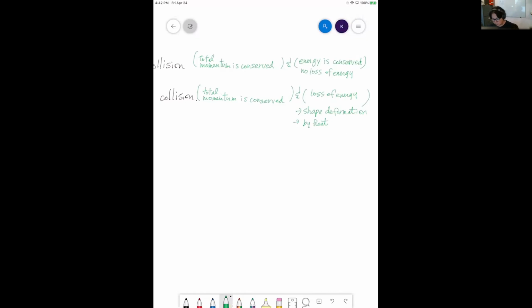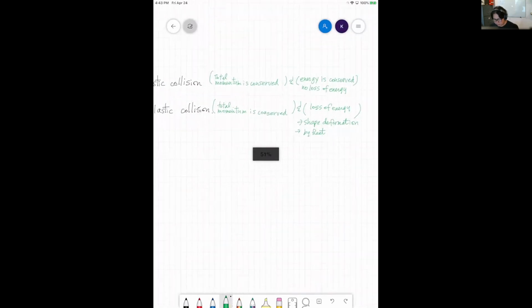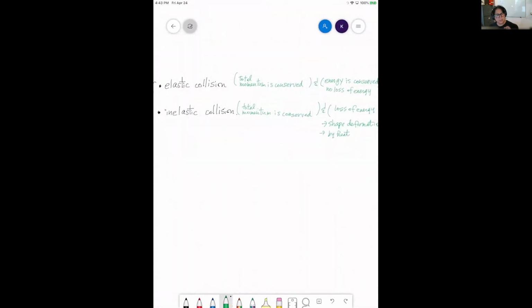So that's inelastic collision. You can see that it's very rare to have a perfectly elastic collision. You're not going to see it in the real world. You always lose some kind of energy during a collision. Most collisions are inelastic, but you could have a case that is very close to elastic collision.